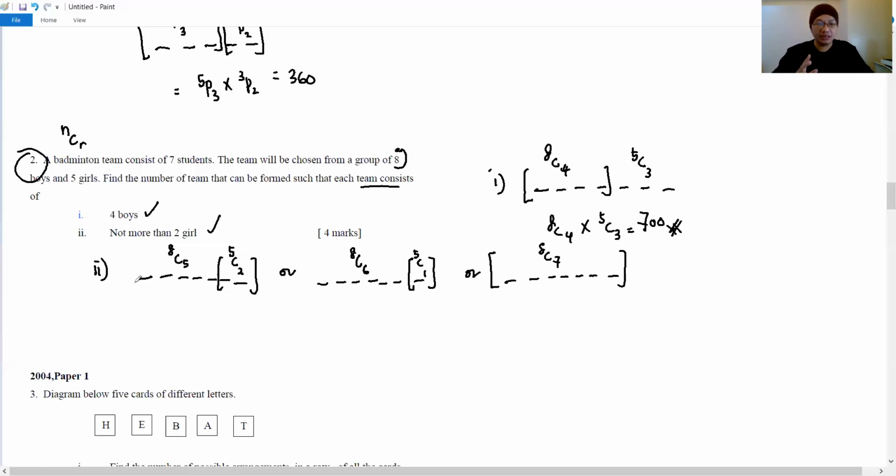So for all these 3 cases, what we can do is add them: 8C5 times 5C2, plus 8C6 times 5C1, plus 8C7. Then what is the answer here?